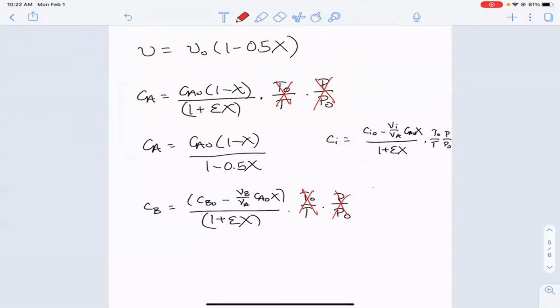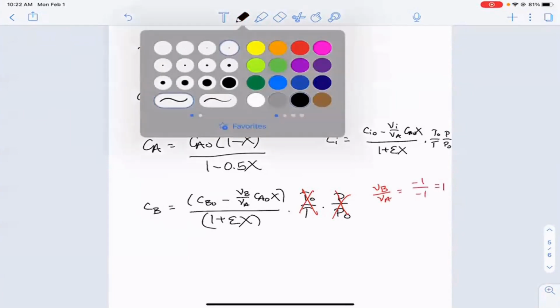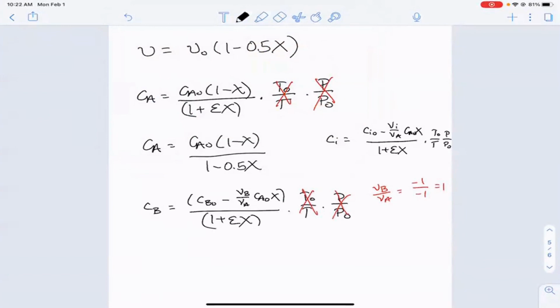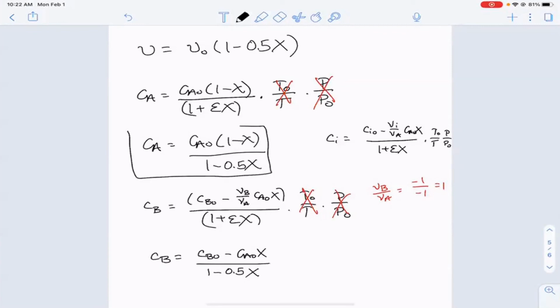In this case, the stoichiometric coefficient for B over A is just -1 over -1, so that's equal to 1. And so we get this expression then that Cb equals Cb0 minus 1 times Ca0x over 1 minus 0.5 times x, right? So there's A, there's B.